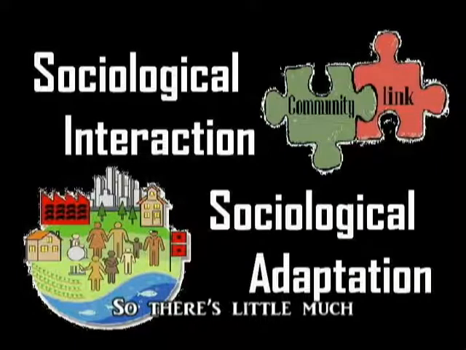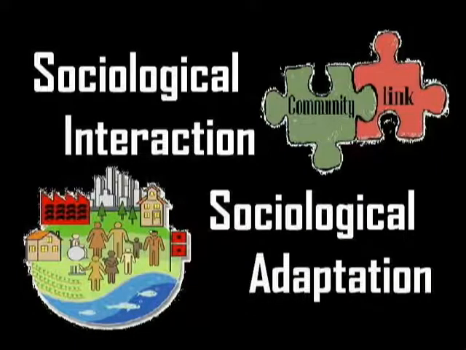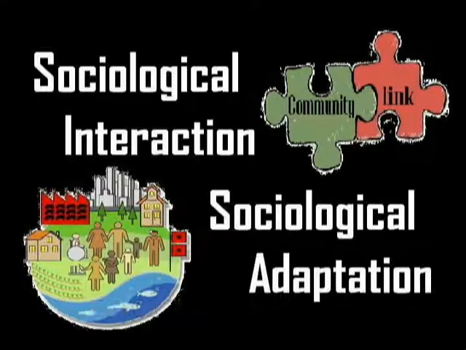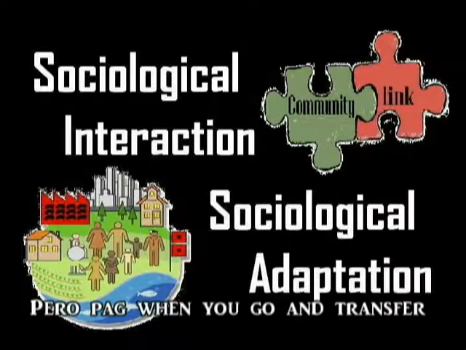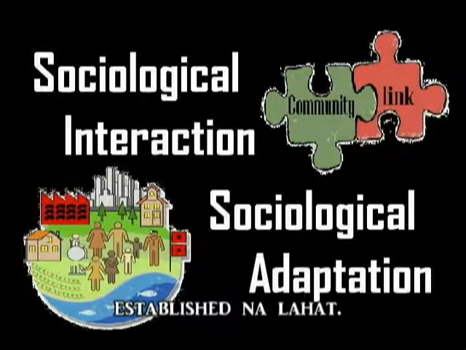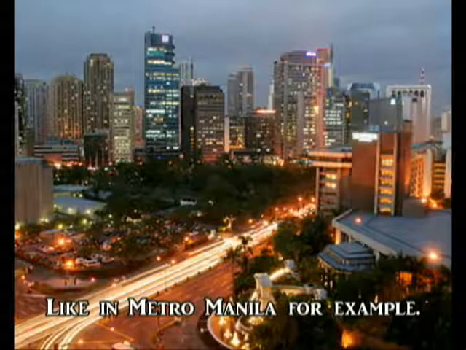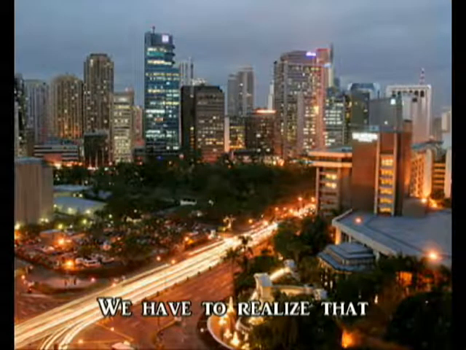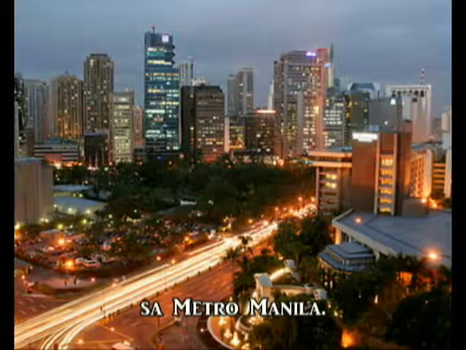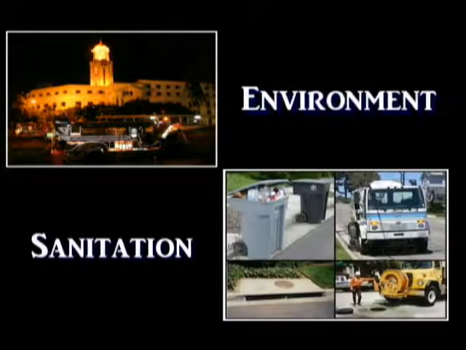So there's little much sociological interaction and so there is little also sociological adaptation. Pero pag when you go and transfer to a place na nandun na, established na lahat. Like in Metro Manila, for example, we have to realize that the truth of the matter is madami pa rin immigrants sa Metro Manila. They will not just be adapting to the environment, sanitation, but to the people.